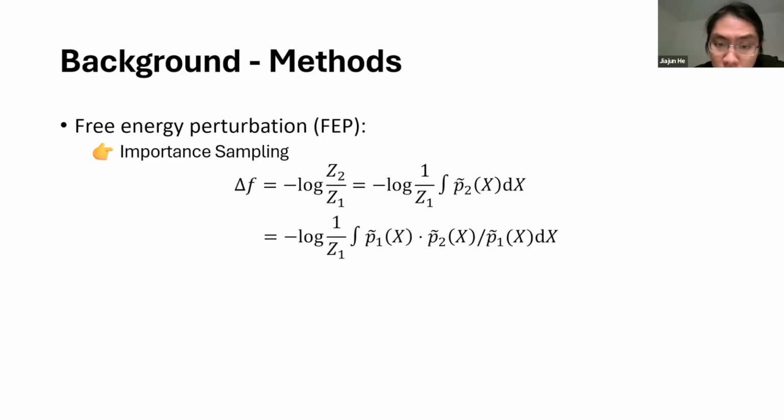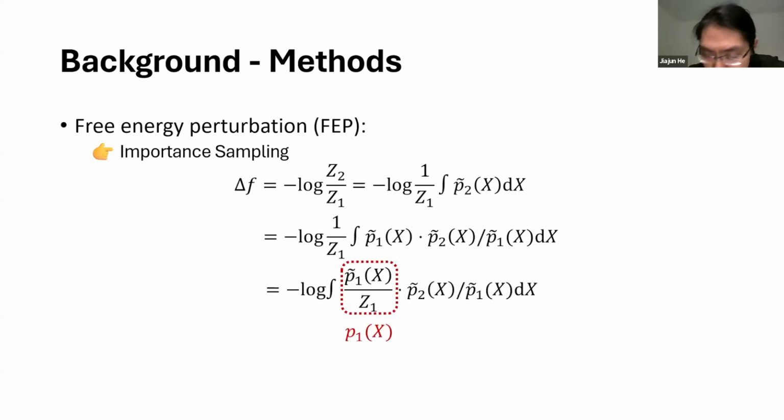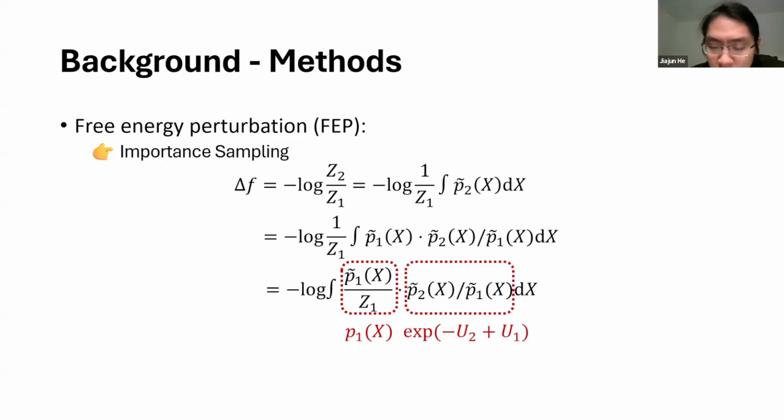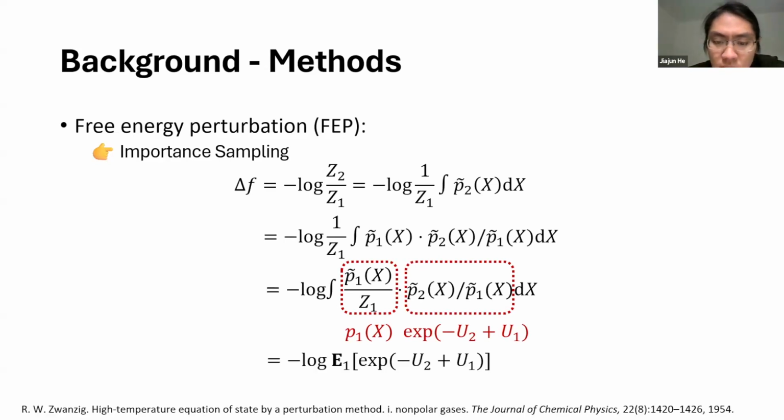We multiply by P1 and divide by P1. We recognize this P tilde 1 divided by Z1 is just the normalized density of P1, which is good. And the other term is just the energy difference. Then we can write the whole thing as an expectation over the first system, and inside the expectation is the energy difference.